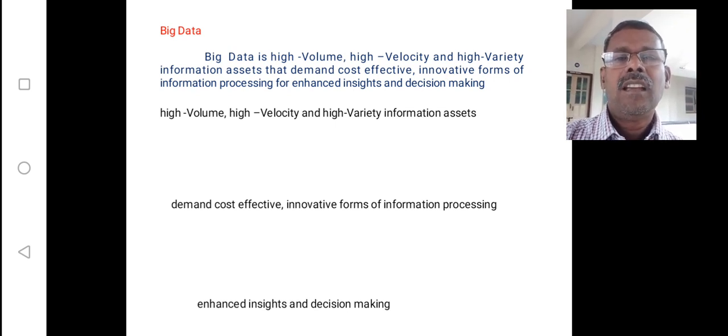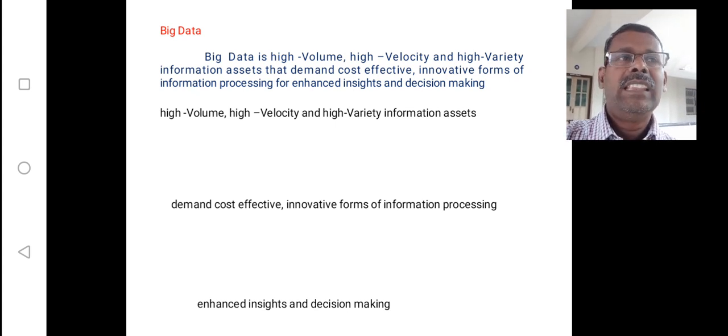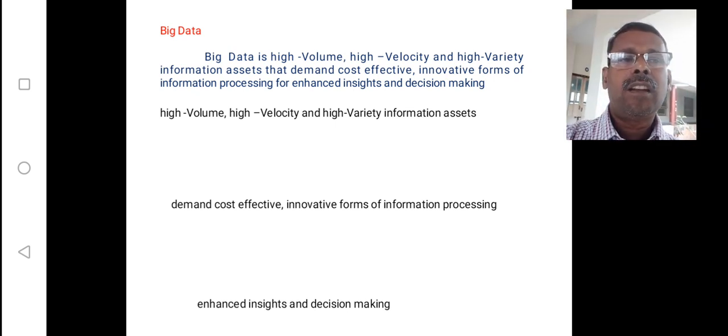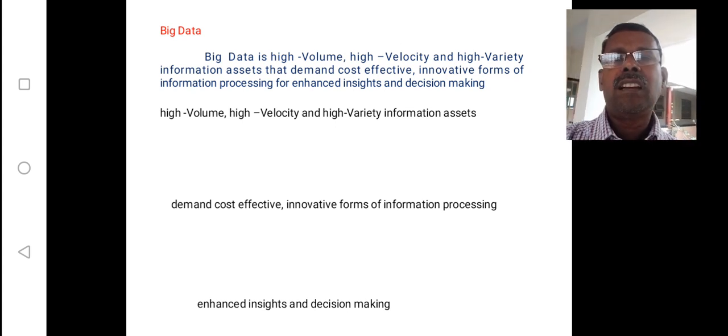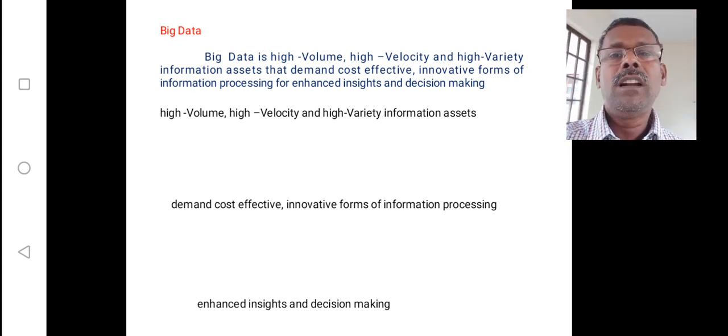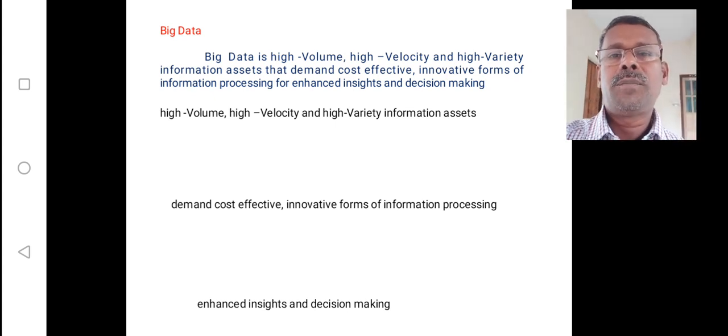So the data must be a factual one. Then analytics: a huge amount of factual information is analyzed so that we can get business insights, which are very useful in the informed decision making process.